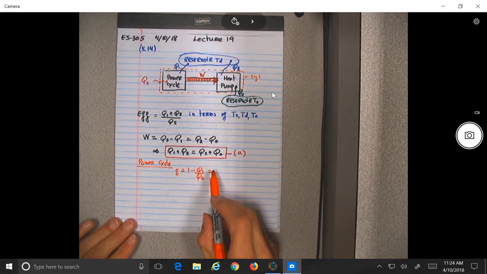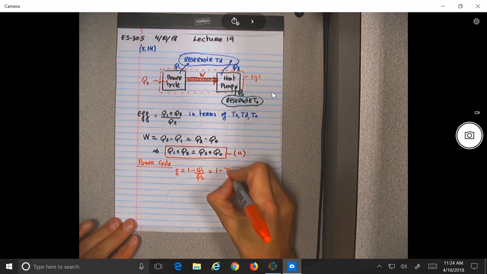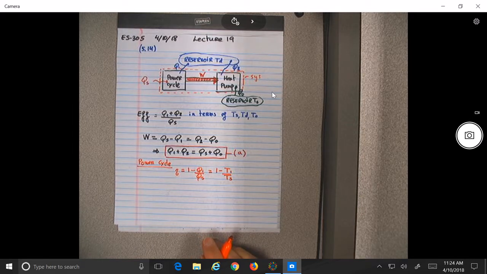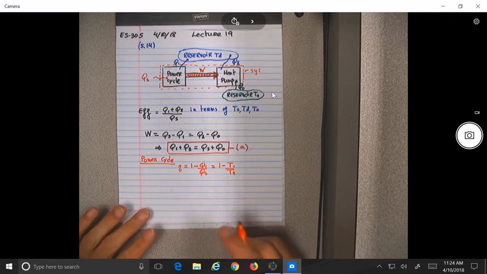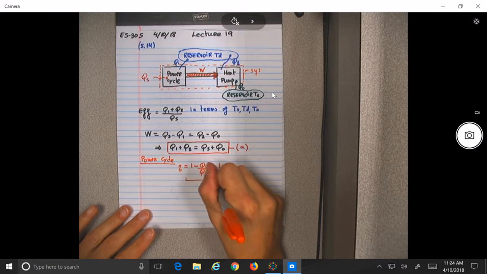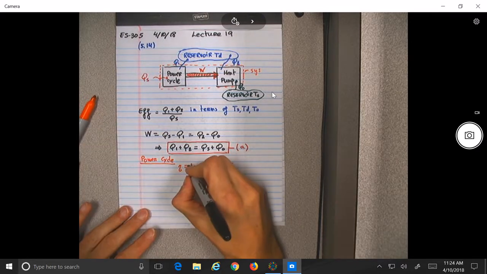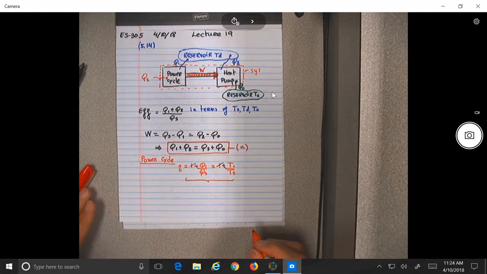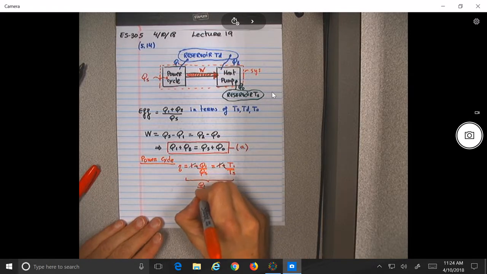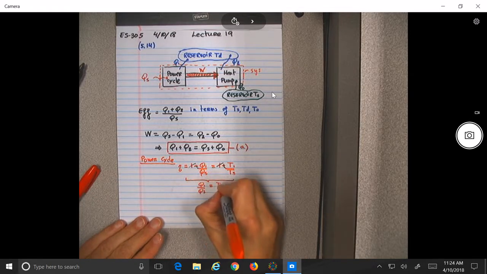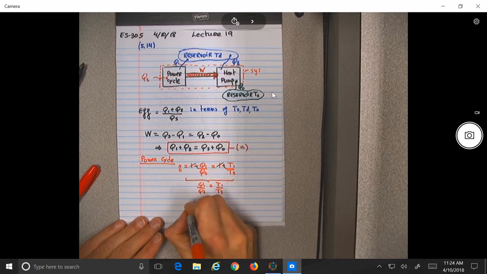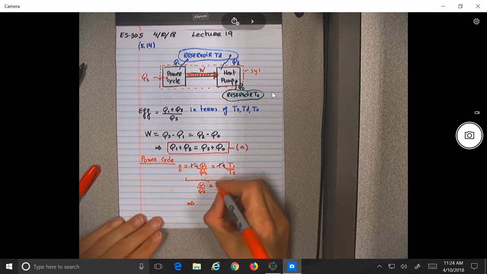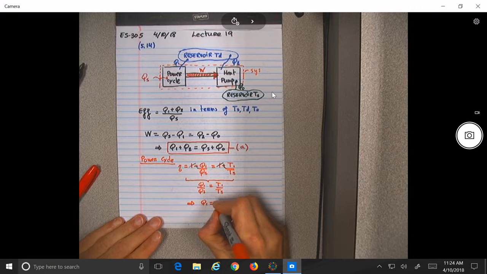And since this is reversible, that means this is equal to what? 1 minus T1 over Ts. Okay? So remember what we did. So now I could just come and look at this side over here of the equation. So what do you have? You have the 1 cancels out with the 1, the minus with the minus. And you end up having what? Q1 over Qs equals T1 over Ts. Okay, so what I'm trying to do is rewrite Q1 in function of the other one. So this will give you what? Q1 equal to Qs.